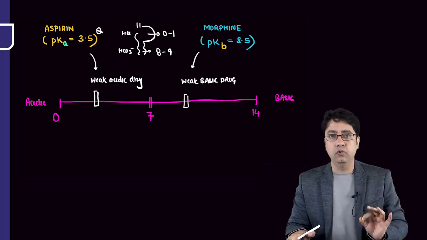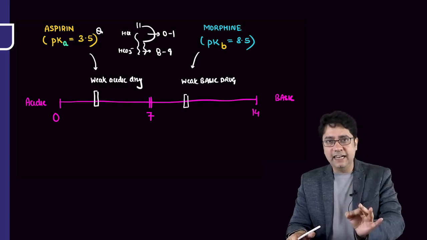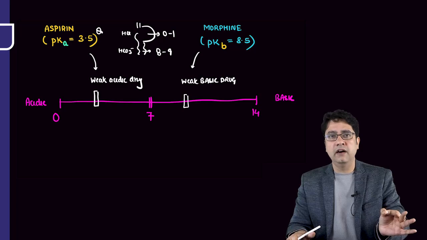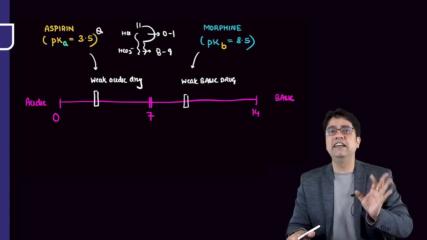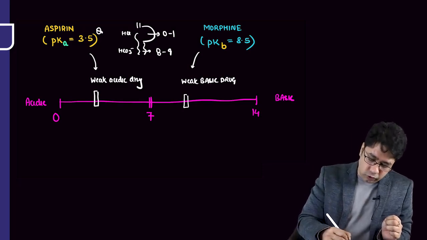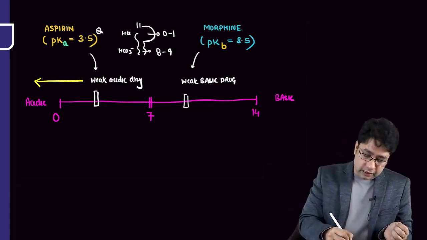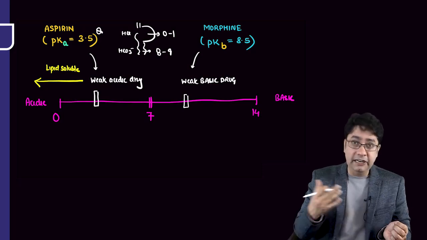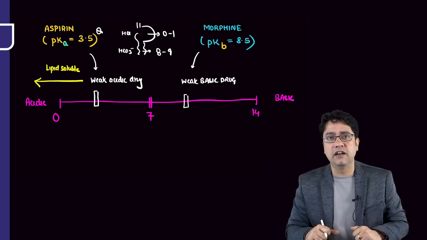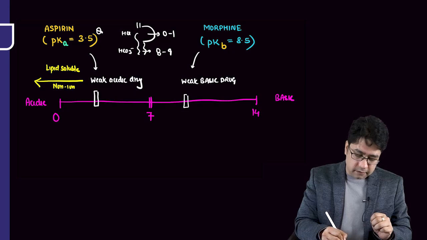Now remember a rule. If we put an acidic drug into a media which is even more acidic than it, the drug will become more lipid soluble. So now 80%, 90%, 95% of the drug will be non-ionic or lipid soluble.